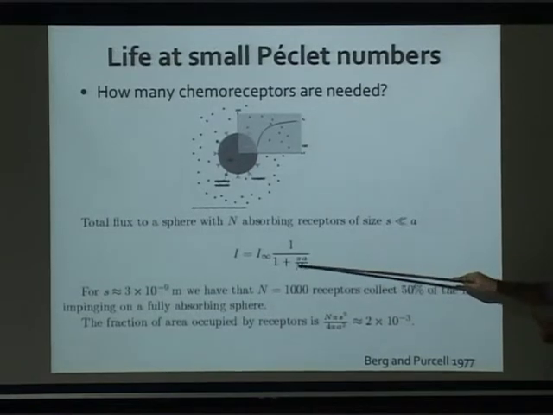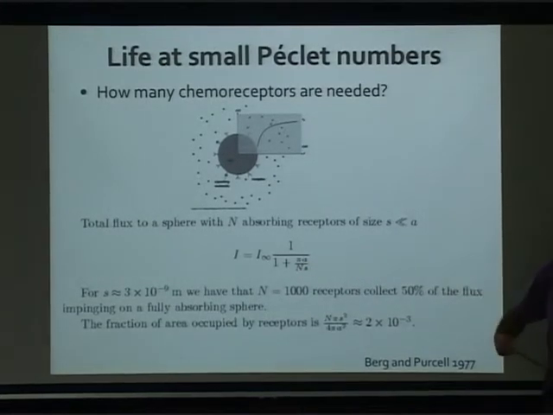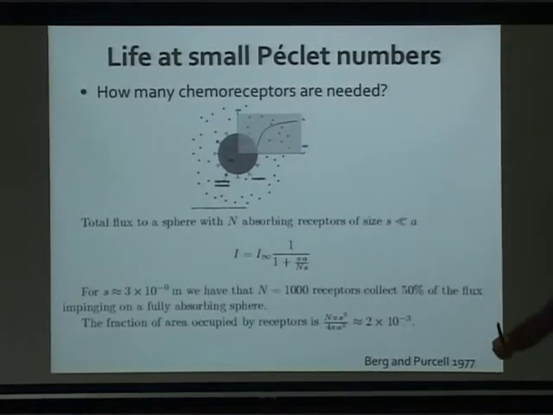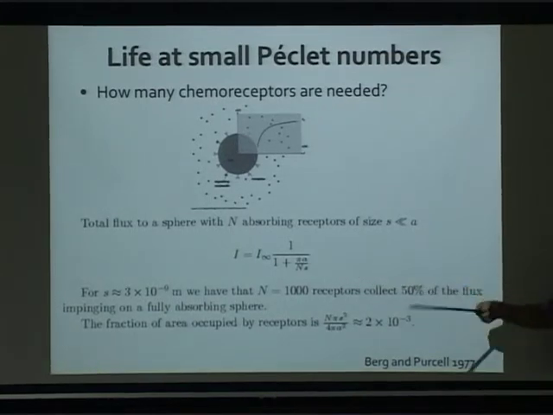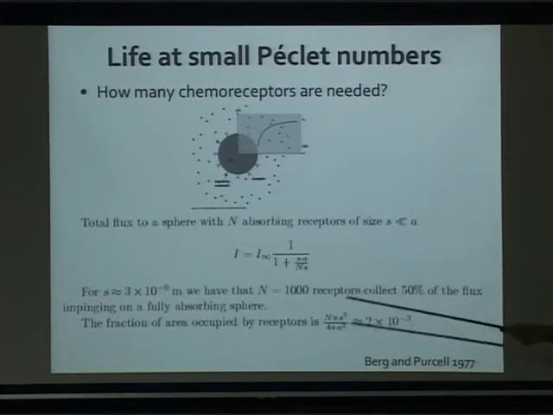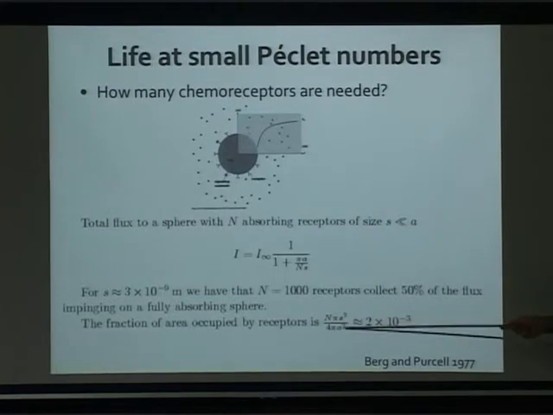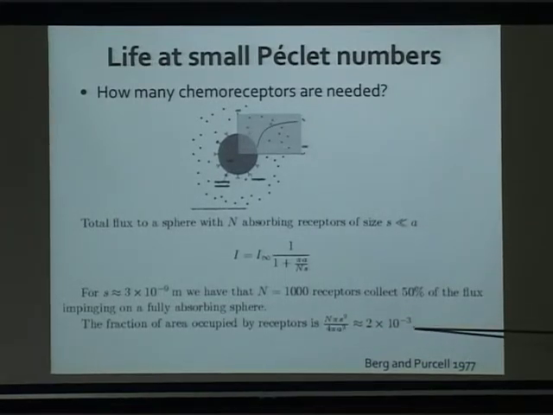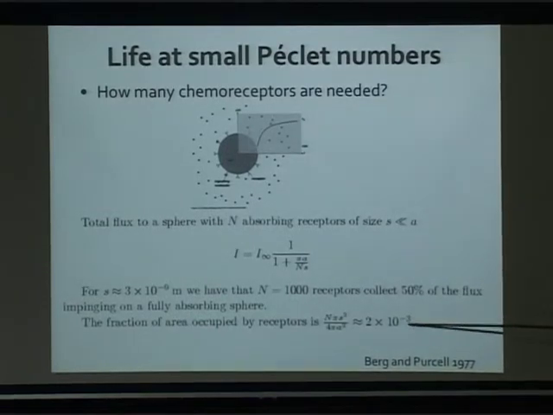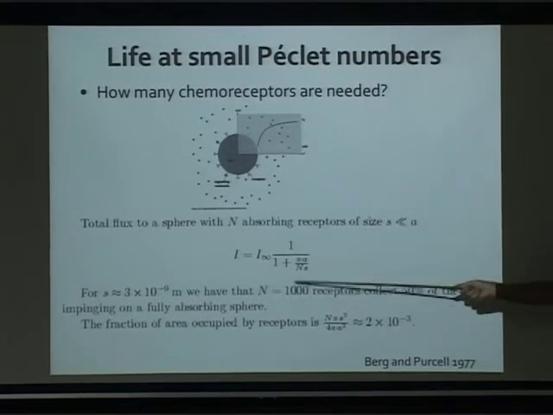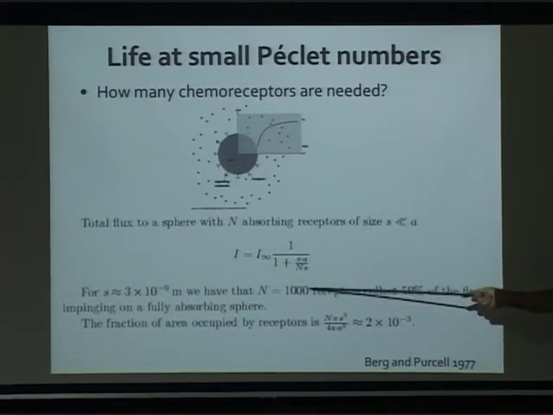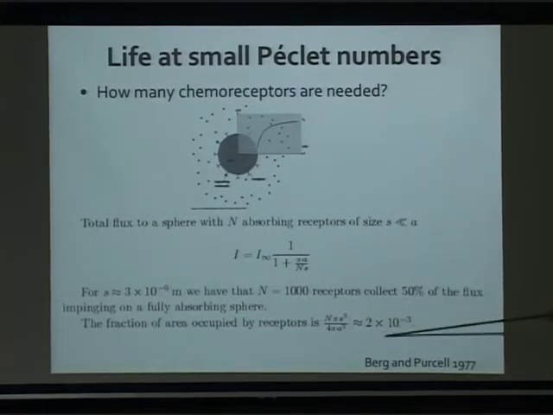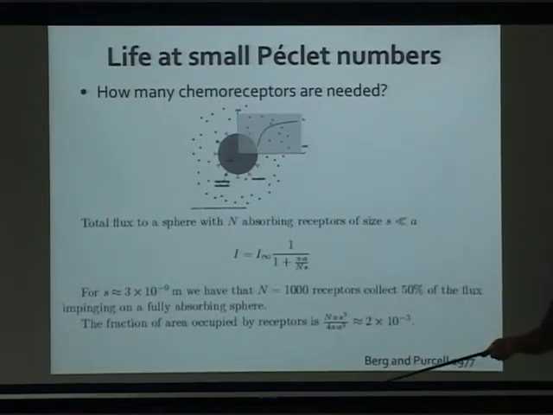So as a result, this number of receptors that you can allocate would scale like a surface, and this would scale like a size. So that's very nice, because just by covering less than 1% of the area with receptors, which are nanometer-sized objects, you can allocate 1,000 receptors with this area covering, and you get 1/2 of the full flux.